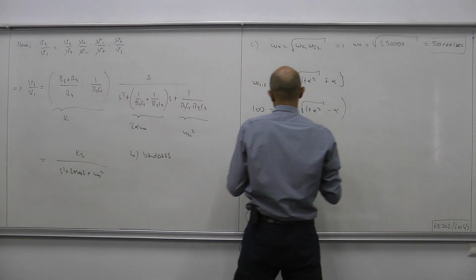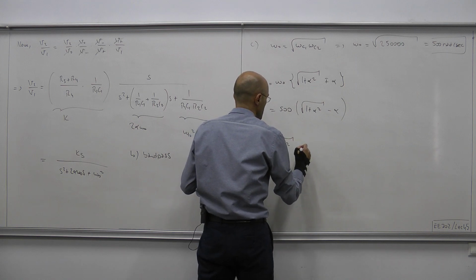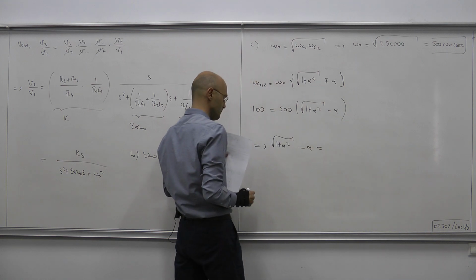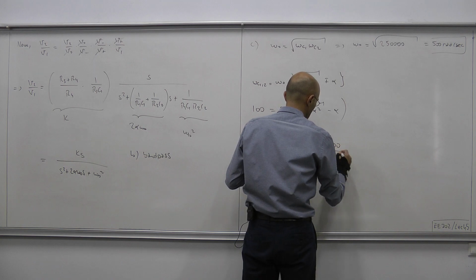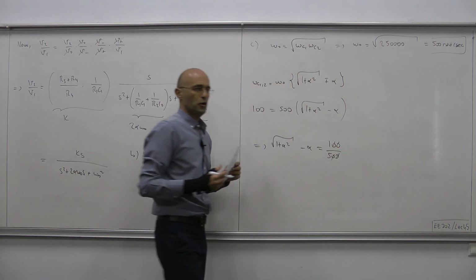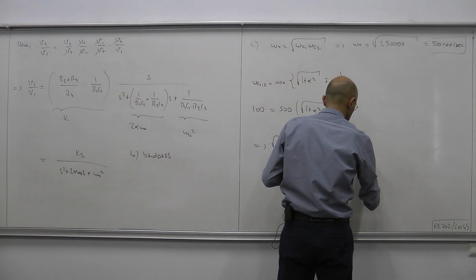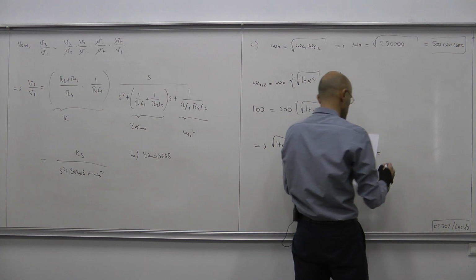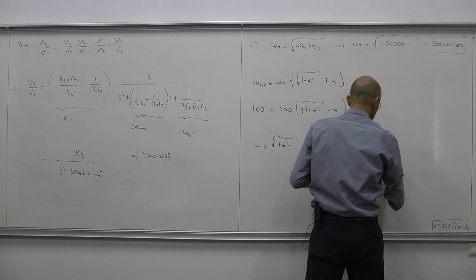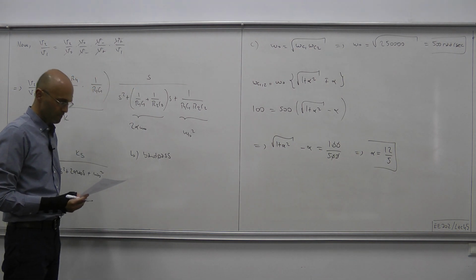So that means the square root of 1 plus alpha squared minus alpha should equal 100 over 500, or 1 over 5. And that produces alpha equals 2.4. That's our damping factor.